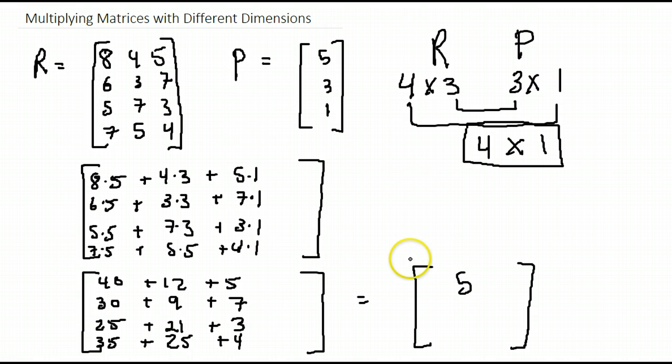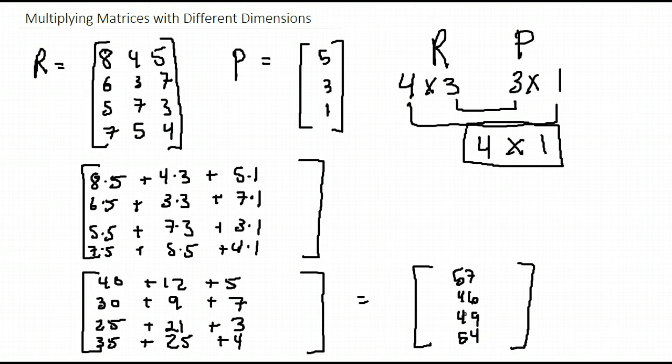Second row is 30 plus 9 plus 7, which would give us 46. Third row, 25 plus 21 plus 3, 49. And last but not least is 35 plus 25 plus 4, which gives us 64.